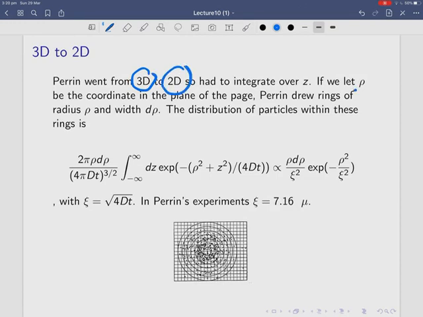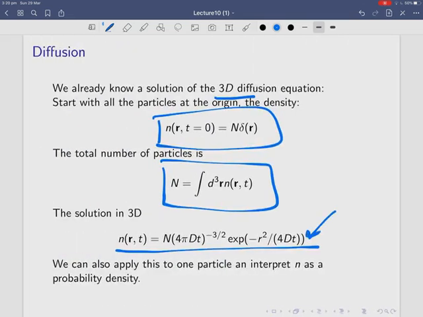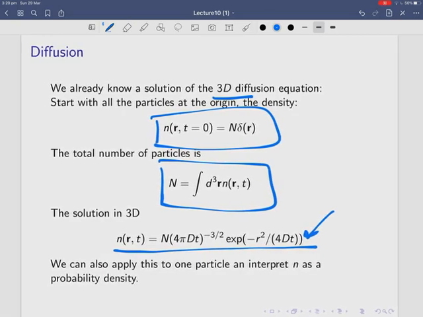So the only complication for Perrin's experiment is he has to go from 3D down to a 2D projection. And so we're going to let rho be the coordinate in the plane of the page. That's the plane of the microscope, but that's what he can see. And he drew rings of radius rho and width d rho. So here's these little rings here, which we've seen before. The distribution within those rings, we just need to integrate over our solution. This is our solution. Plug it in.